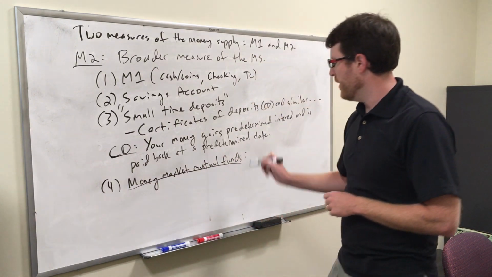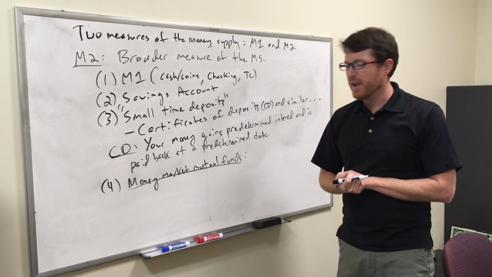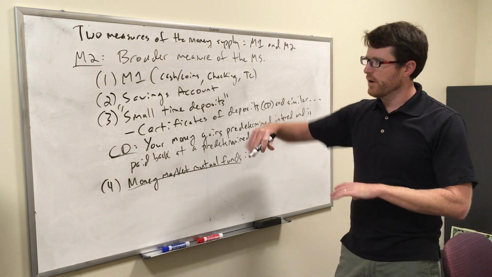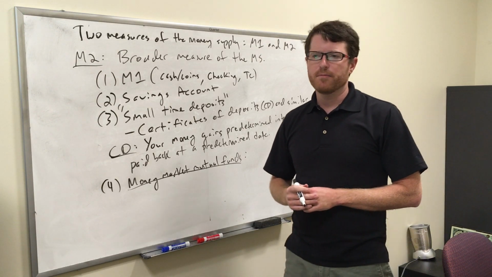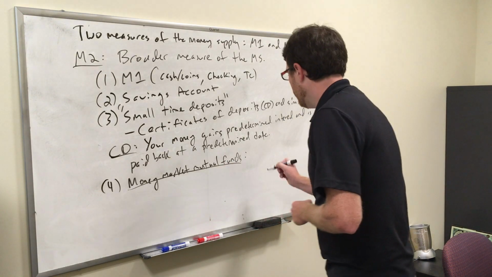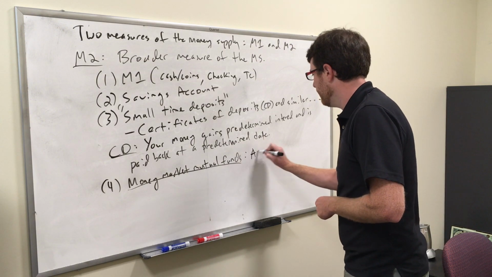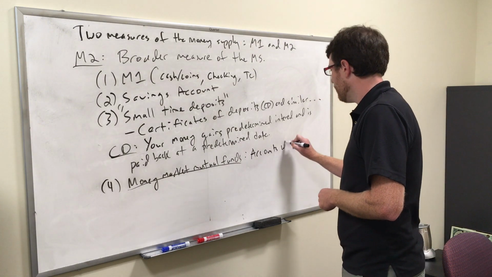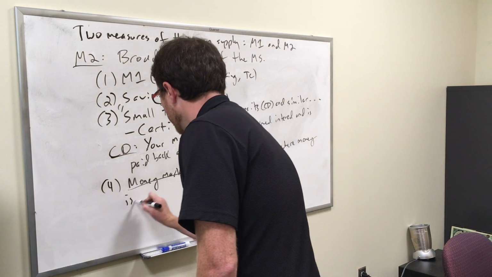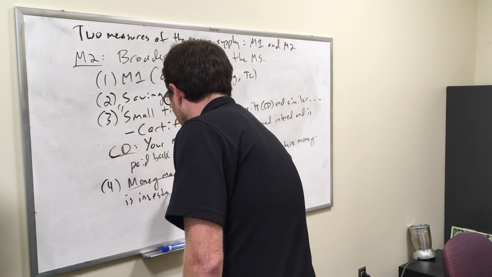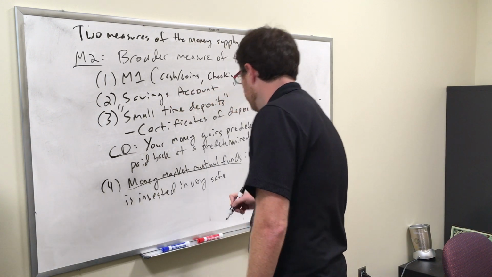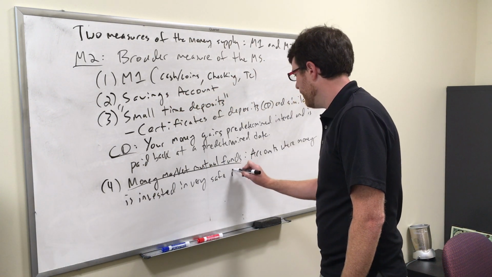Money market mutual funds is a big category of money. There's a lot of money in these. In fact, there's more money in this one than all the other categories. You probably have money in one of these, but you don't know it. These are accounts where money is invested in very safe instruments, okay?